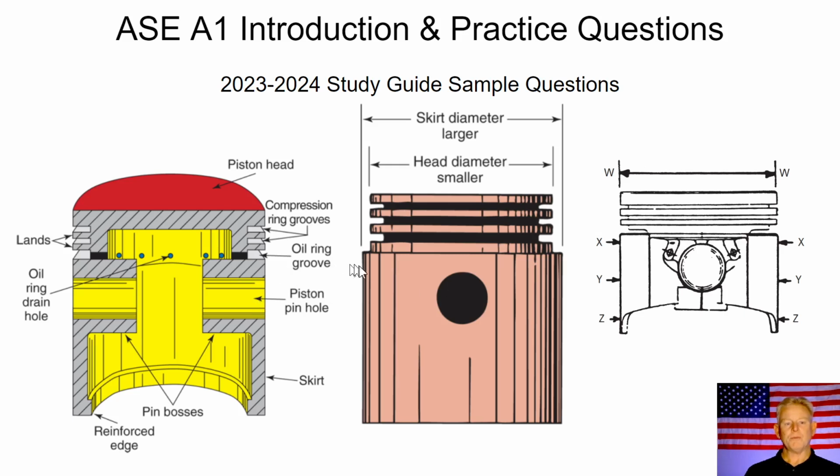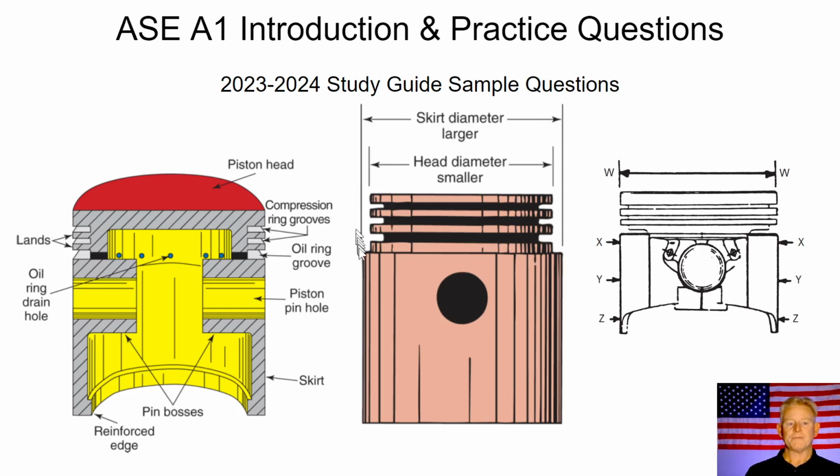But I wanted to give you both of these so we could talk about the different parts of a piston, just in this kind of basic sense. Again, this isn't the full-on training for A1. This is just us going through the practice questions to see if you're ready. Okay, so you can see the skirt diameter. I'm using the middle illustration here.